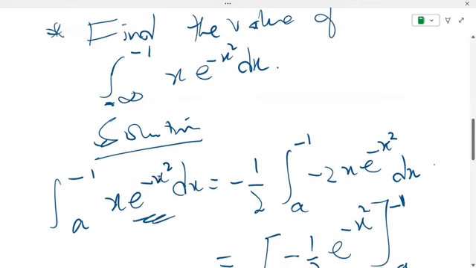So we can introduce a 2 here and a negative half outside, and then we can integrate, because that will be the answer straight away from the techniques of integration. So we have negative half, integral from A to negative 1 of negative 2x e^(-x^2); this multiplied by that brings us back here.